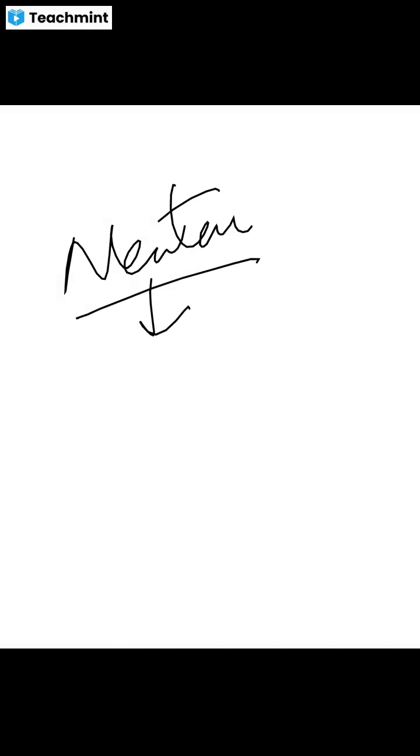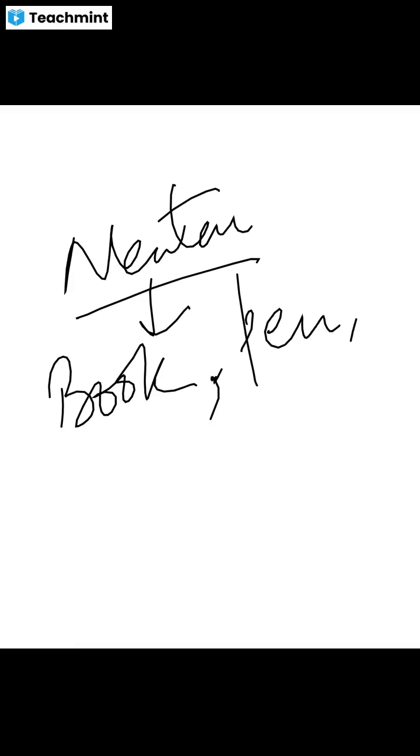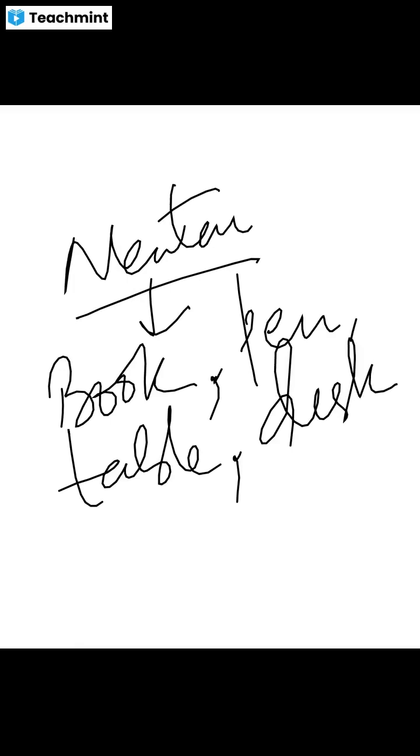For example, we have a lot of words in English. For example, book. What is the gender of book? You don't know. It's neuter. Pen, table, desk, notebook.